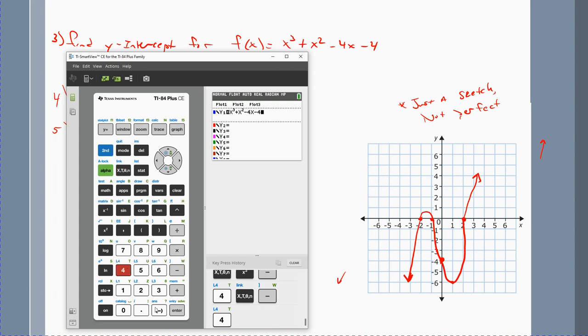Let's see what the graph of this looks like. Yeah, look at that. Looks really similar. We were able to use just the things that we've talked about in this class to sketch the graph and replicate it, obviously not as smooth and great as the graphing calculator, but you got the idea.